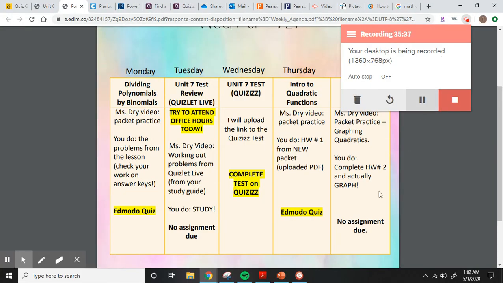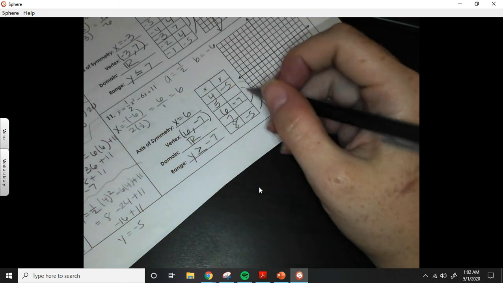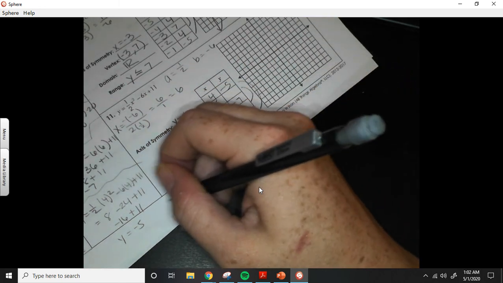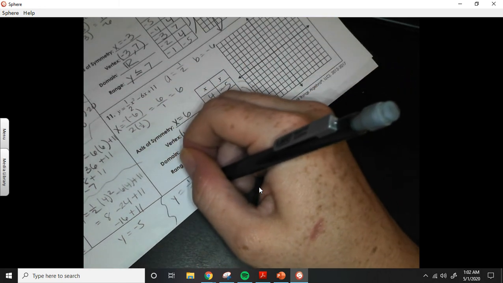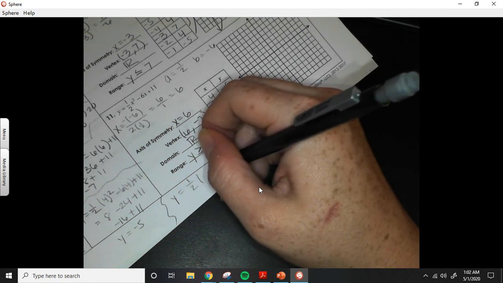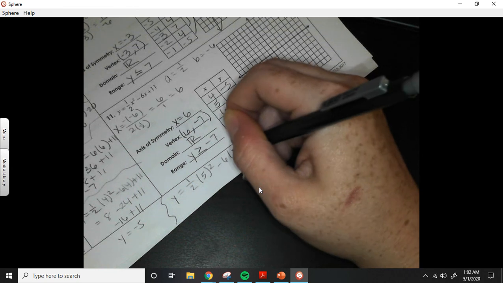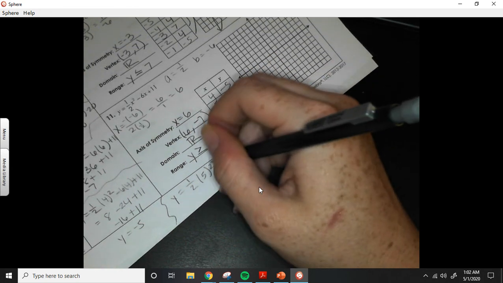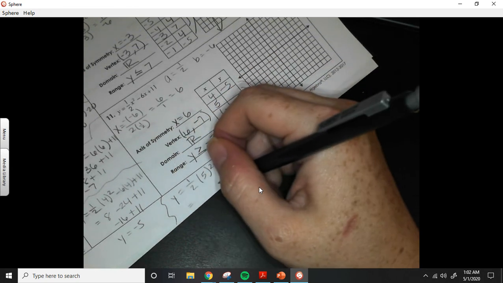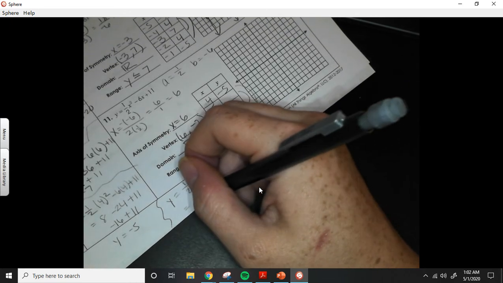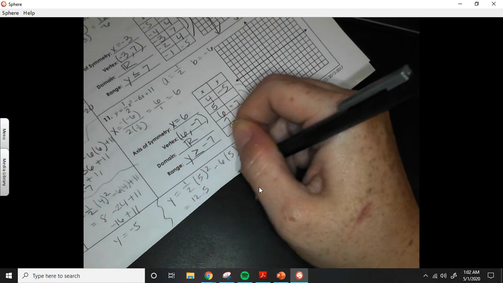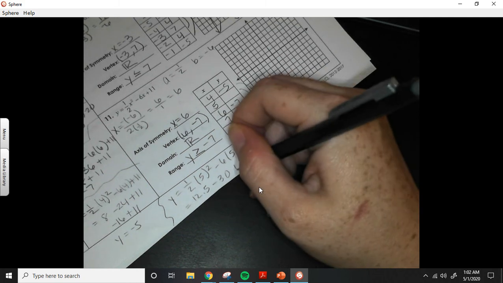All right, let's take a look. Give me a second. Okay, I'm going to do some fraction work here. So let's plug in 5. We get y equals 1/2 times 5 squared minus 6 times 5, plus 11. 5 squared is 25, and half of 25 is 12.5, minus 30 plus 11.